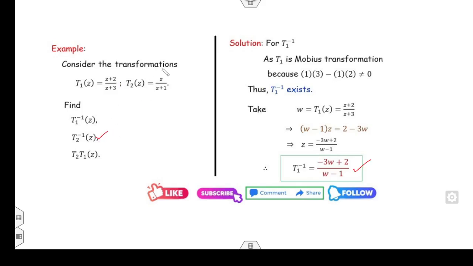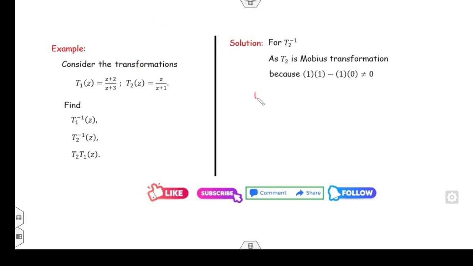Similarly, you can find the T2 inverse. Firstly, check whether it's a Mobius transformation or not. A is equal to 1, B is equal to 0, C is equal to 1, D is equal to 1. So AD minus BC is equal to 1, which is non-zero. Therefore, we can start with W is equal to T2 of Z. I can substitute the value.